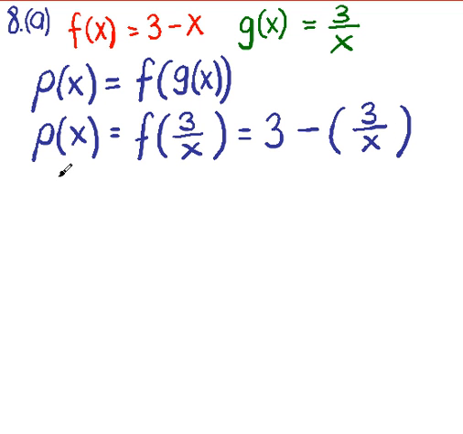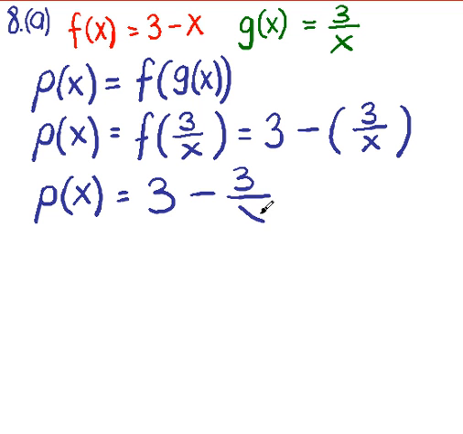So p of x equals f of g of x. So that means p of x equals 3 minus 3 over x. And that is our final answer for part A.